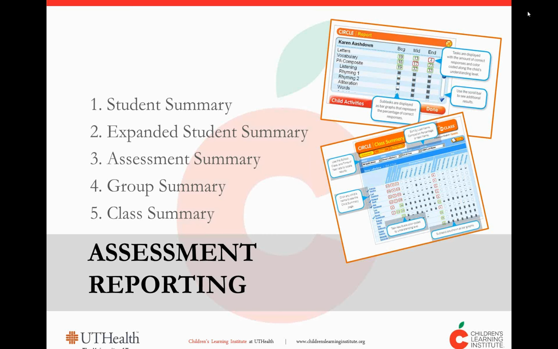Now I'd like to talk for a few minutes about the reporting that is included in CPALS Plus. You see here that we have 5 types of reports. There's a student summary, and then an expanded student summary, assessment summary, how to group children based on their skill areas, and a class summary.